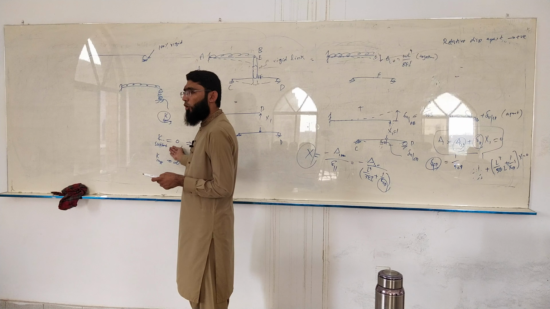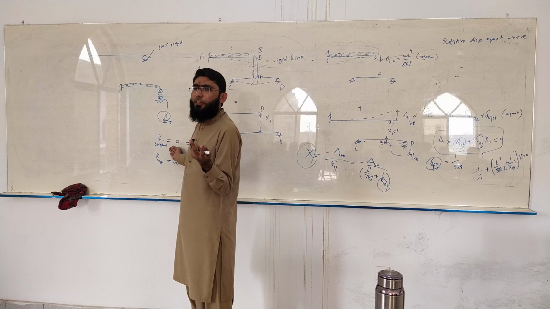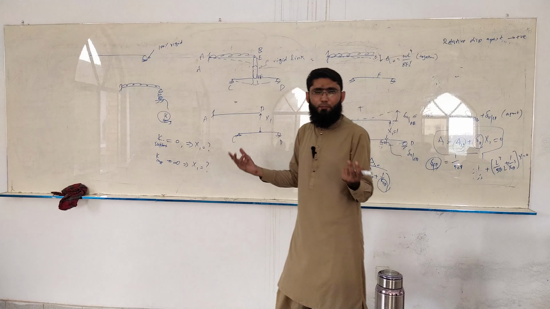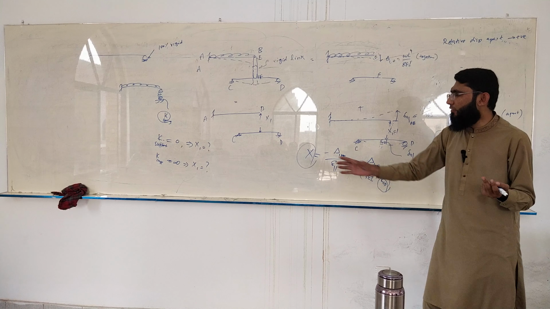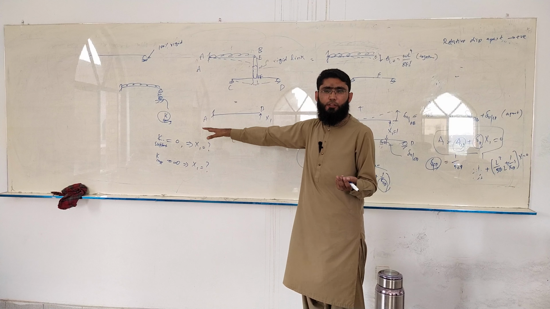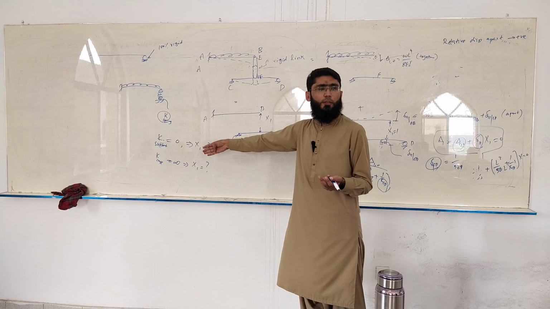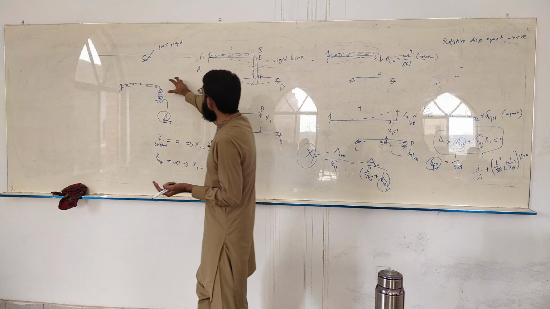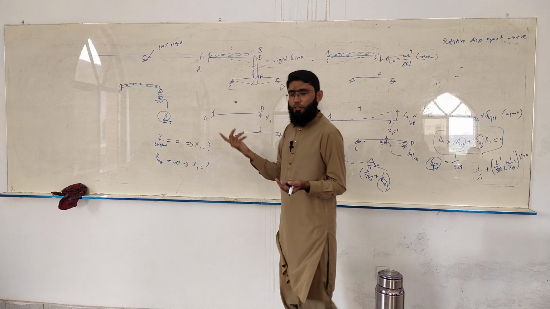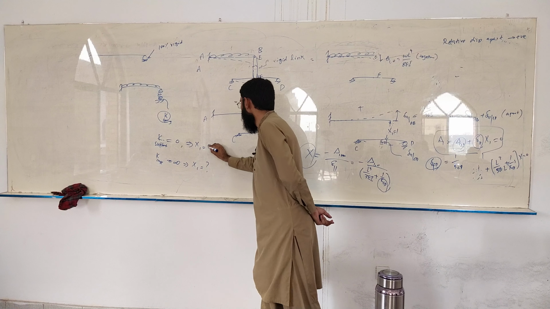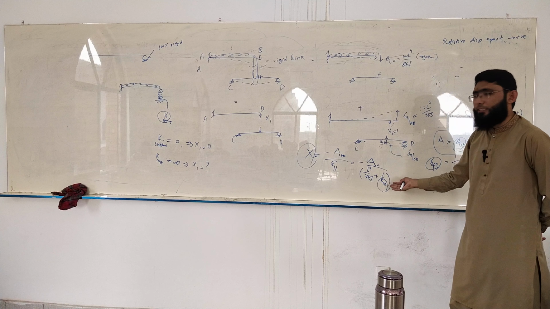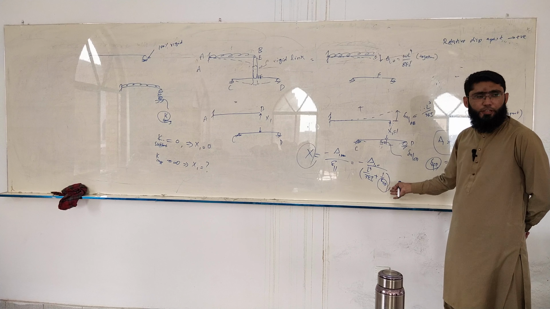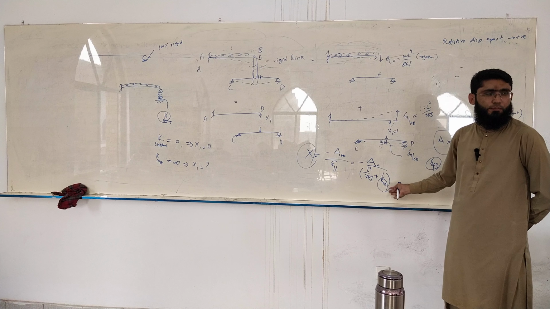If K of the support is 0, it means it has 0 stiffness. Practically, it means the support is not there. K infinity means it is 100% rigid. If the support is not there, then this will produce 0. You can confirm it: put 0 over here and check the answer. 1 over 0 is infinity; anything plus infinity is infinity; anything divided by infinity is 0.